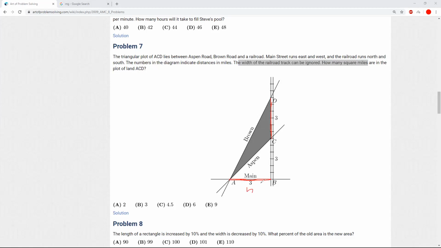So this is H, and this is B. We know that the area from the formula is simply base times height over 2, which is just equal to 9 over 2, which is going to be our answer of C. All right, so that one was just a basic use of our area formula.